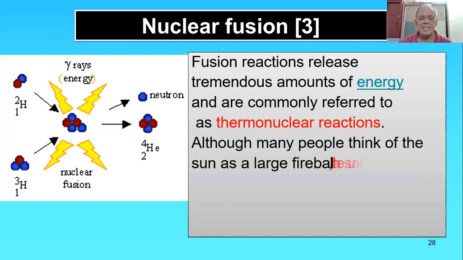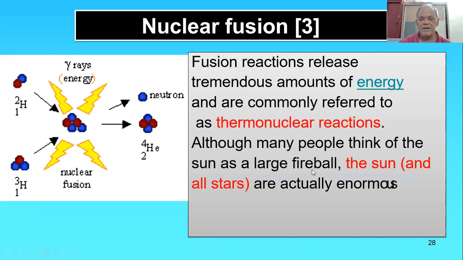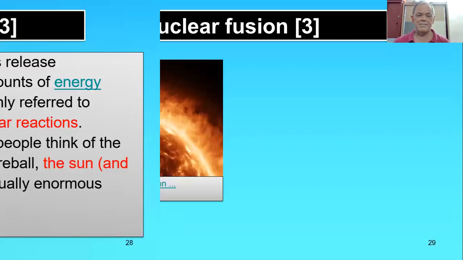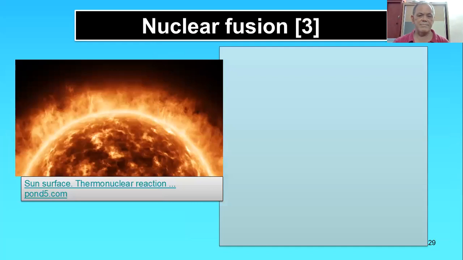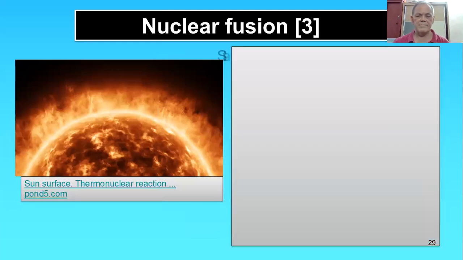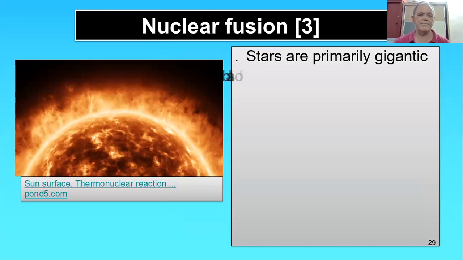Right? So we can think this type of reaction takes place in the sun and in the stars also. So you can think of the sun as a large fireball. Yeah? The sun and the stars are actually fusion reactors. Right? Stars are primarily gigantic balls of hydrogen gas.